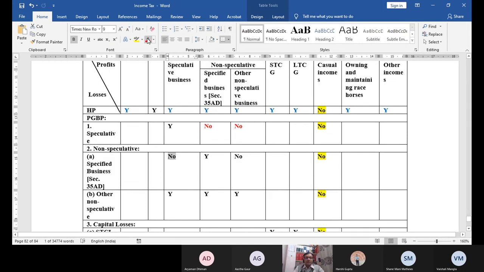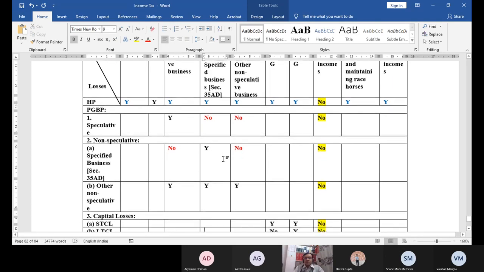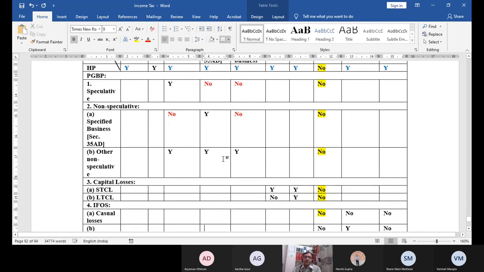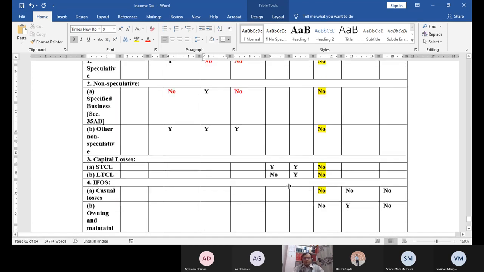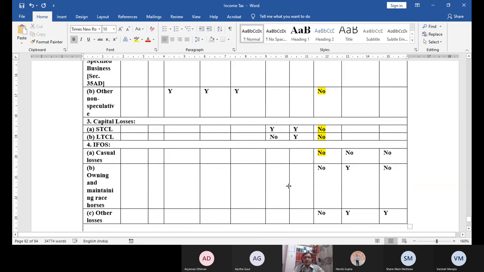It is necessary to show it by different colors, otherwise when the table is complete you will not be able to identify anything. It will look very typical at the time when the table is complete. So that is why for intrahead I have kept the font as black color, and where it is no in intrahead I am writing it with red color.